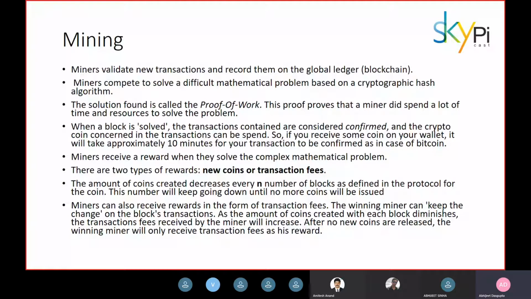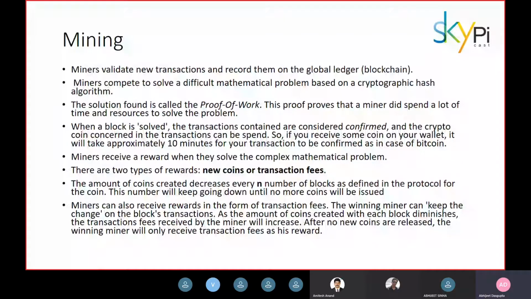The reward that a miner gets is in two forms. First, either in form of new coins or in form of transaction fees. The amount of coins that get created in a blockchain during every mining process gets decreased after every n number of blocks, as is defined in the protocol for that particular coin.